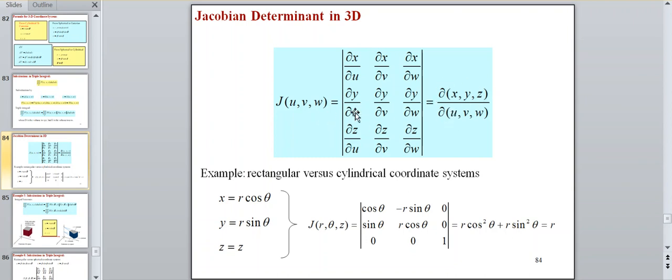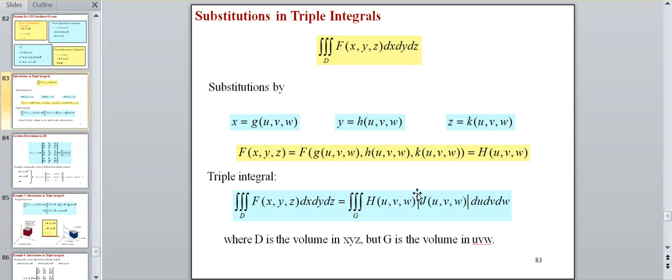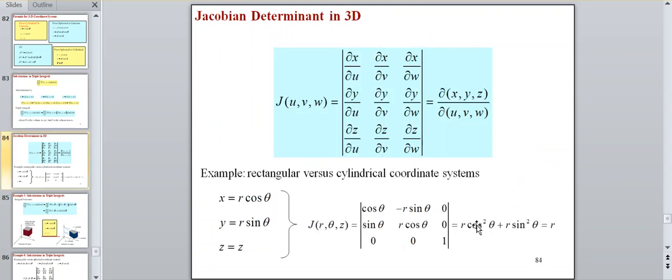So we have to calculate this and then put it here, and this is an absolute value. And then when we describe the region G, we integrate first with respect to u, then with respect to v, then with respect to w to find the answer. Okay, so do not forget. Now look at here.